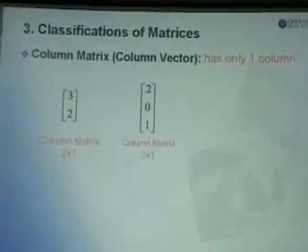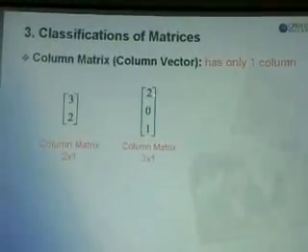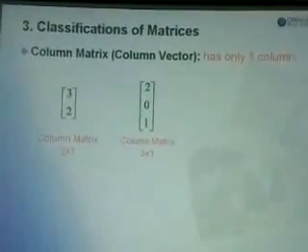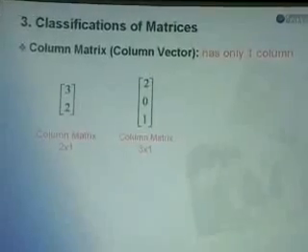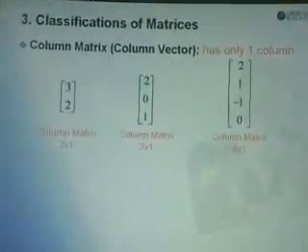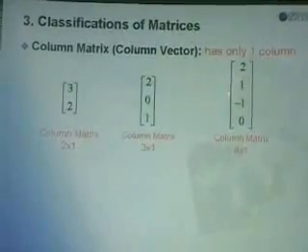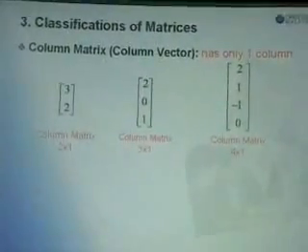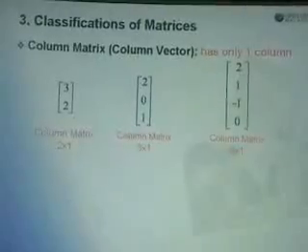In the other example, a 3 by 1 matrix, there is one column but 3 rows. So we call this a 3 by 1 column matrix. Next, we have 4 rows. Alright, 4 rows but 1 column. So this is known as column matrix 4 by 1.